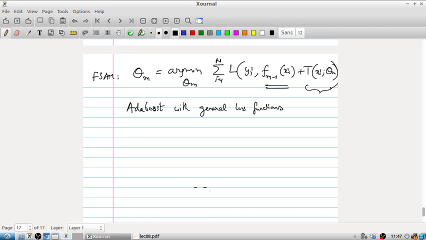The catch is you can work with squared loss for trees easily, because then the coefficients are just averages of y's and so on.